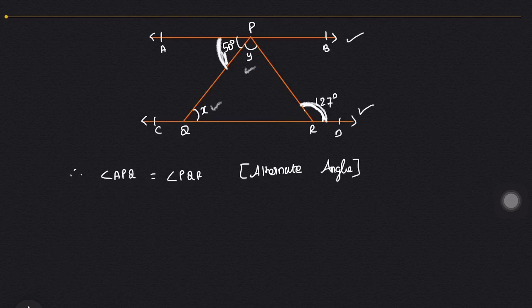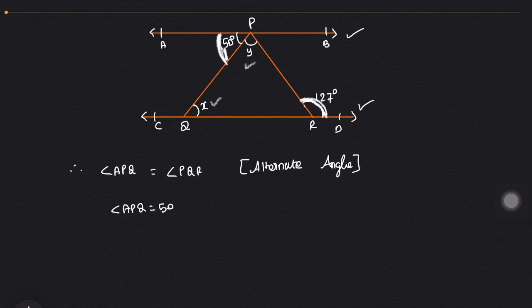So the value of APQ is equal to 50. So X is also equal to angle PQR, which is equal to 50 degrees.